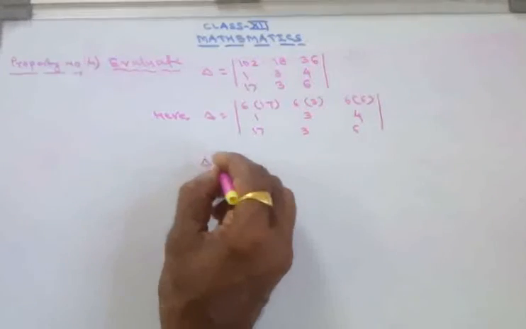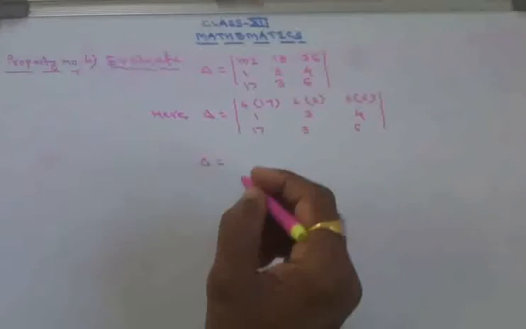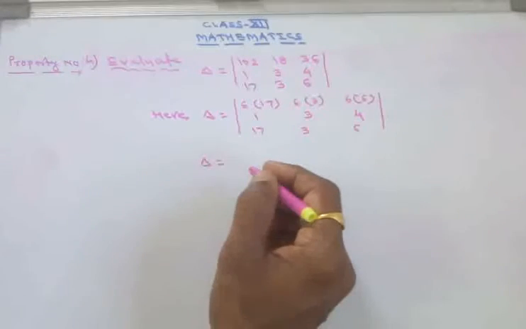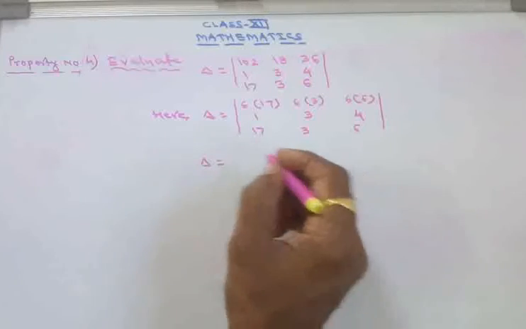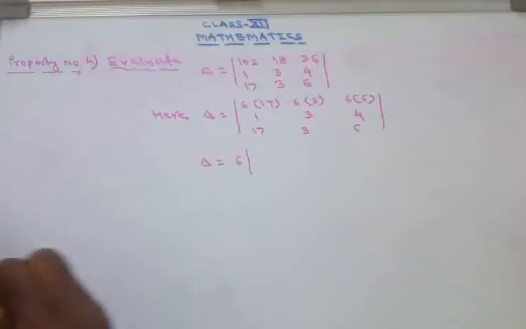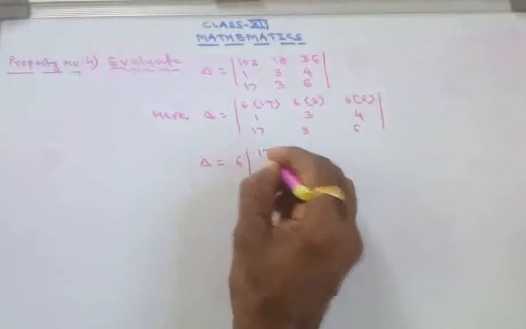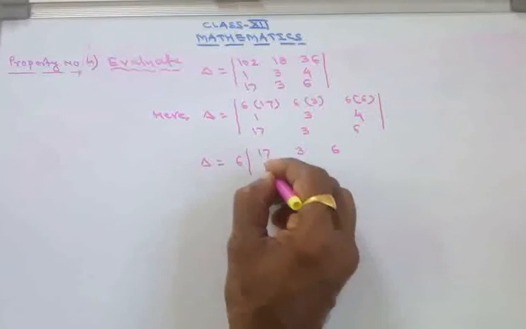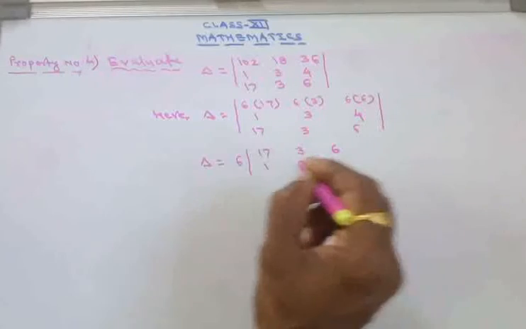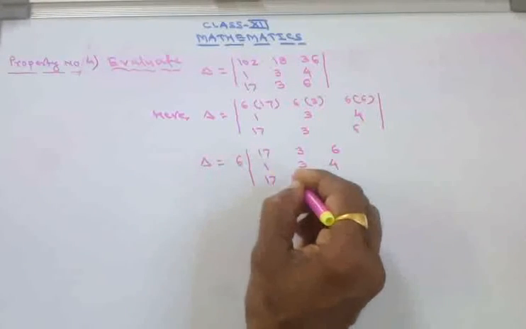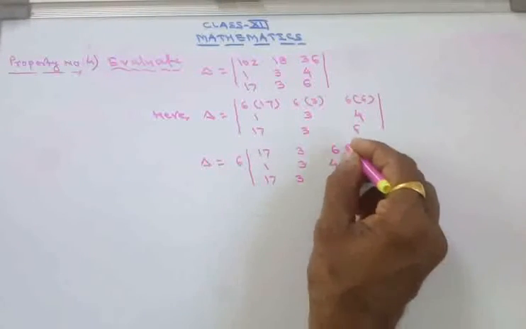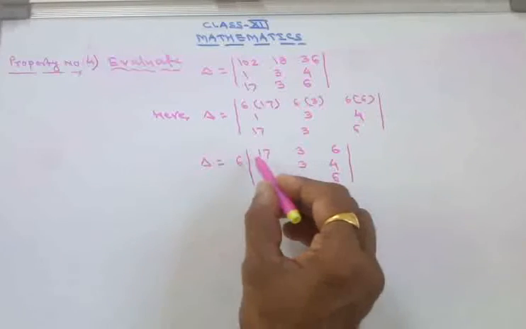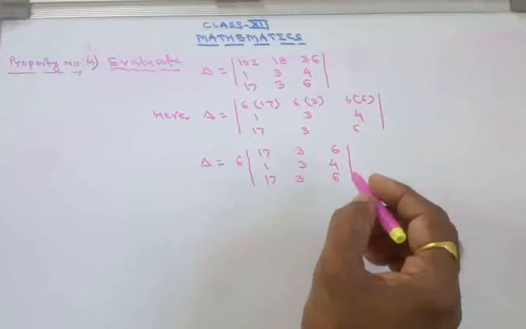So this equals, I can take 6 as common: 6 times the determinant 17 3 6, 1 3 4, 17 3 6. Now in this determinant R1 and R3 are identical.